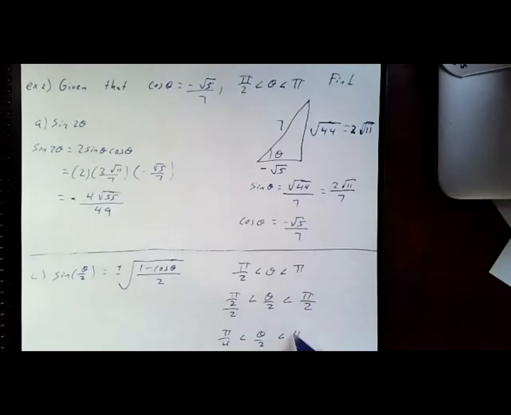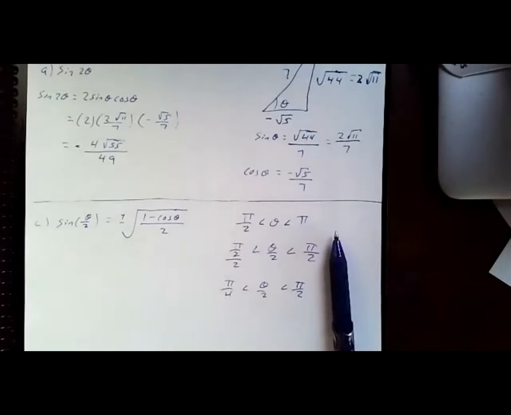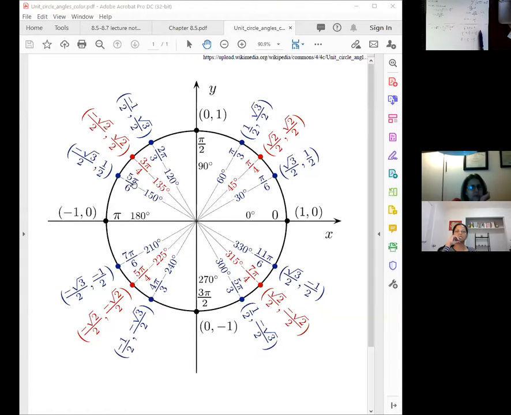I'm sorry, but how are you seeing that theta? I said theta is in quadrant 2, so theta is between pi over 2 and pi. So we look at the circle: pi over 2 to pi is where theta is, quadrant 2.